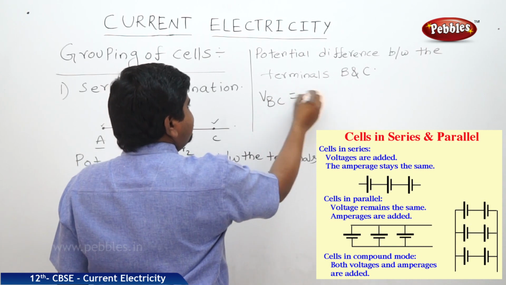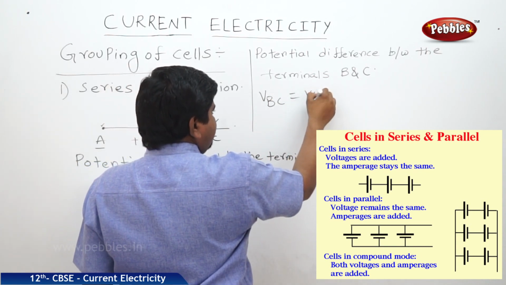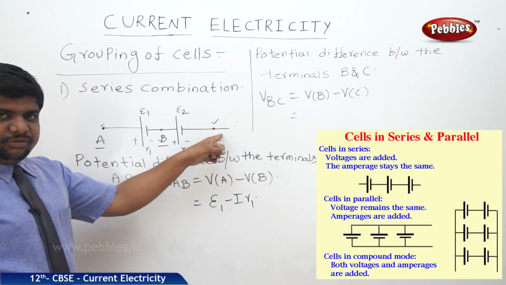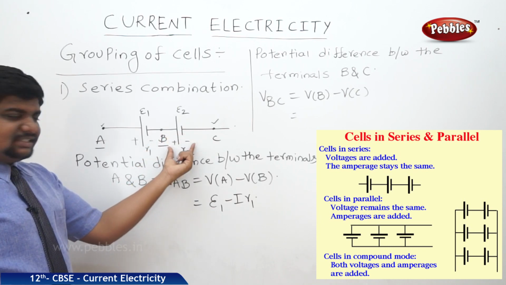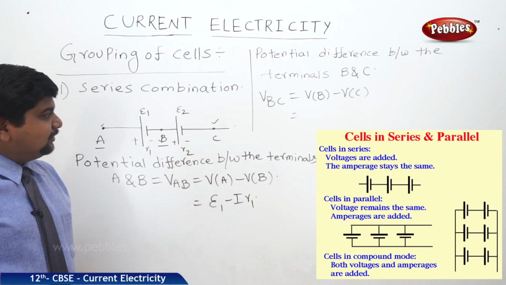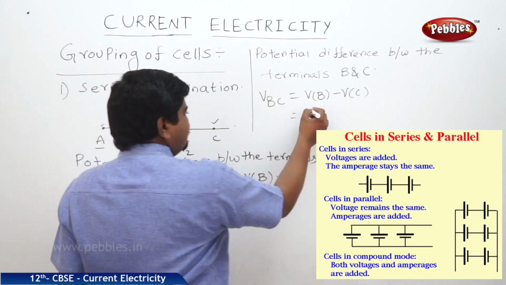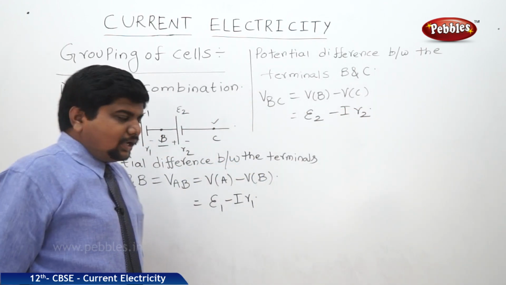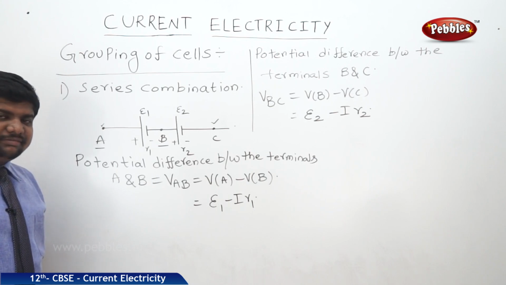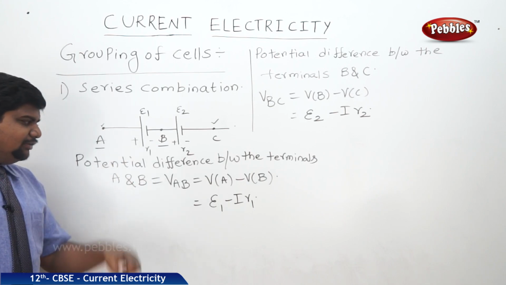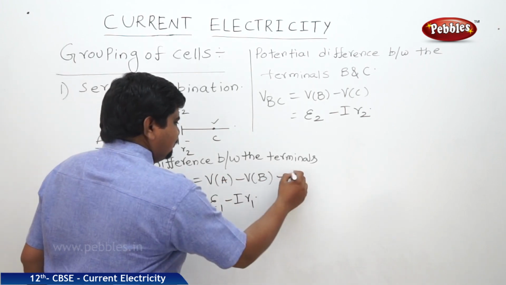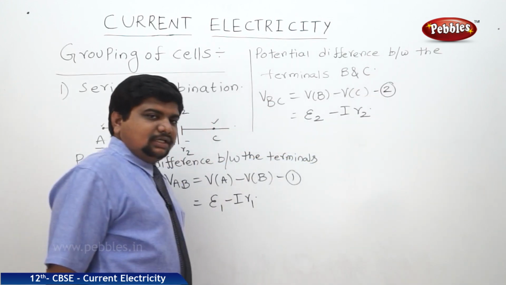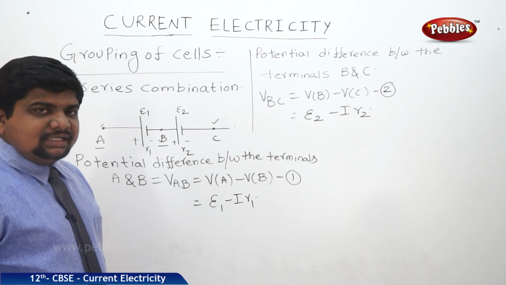Again it is VBC, VB minus V at C. At C also there is no potential, but between B and C one cell is connected, that is a cell of E2 EMF and R2 internal resistance. That means it will be E2 minus I R2. Now I want to find VAC. VAC is nothing but VA minus VC. How to find it? This equation 1 plus this equation 2, like that we will get the potential difference between A and C.